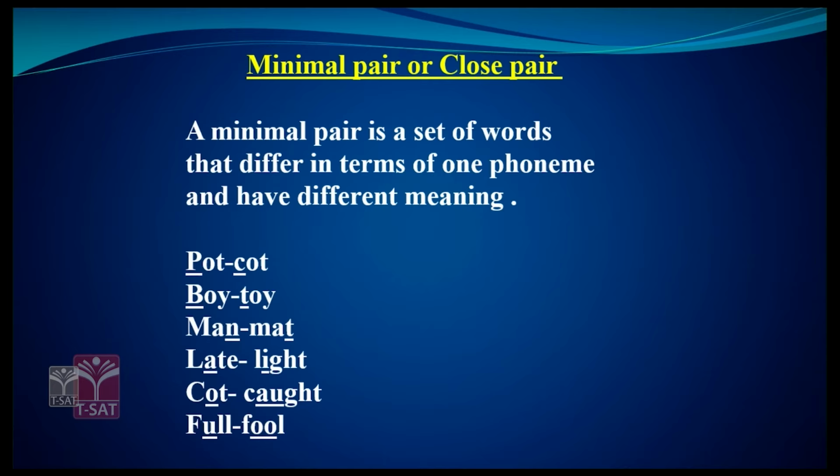So, pot and cot make a minimal pair for p and k, and boy and toy, it is a minimal pair for b and t, and man and mat, the minimal pair for n and t. Late and light, it is for the two vowels. Cot and caught, it is for two vowels, and full and fool, it is a minimal pair for two vowels.